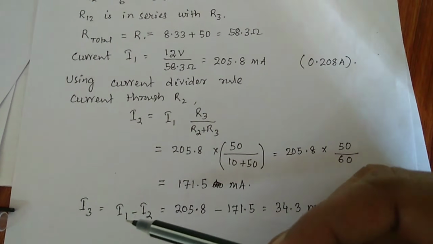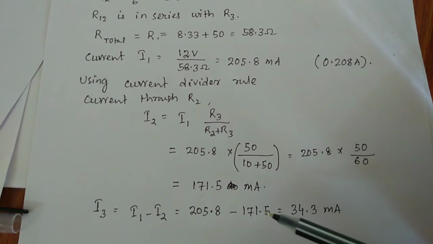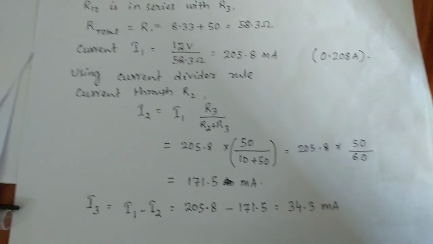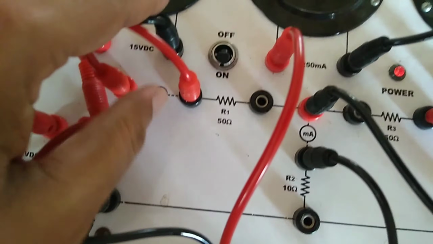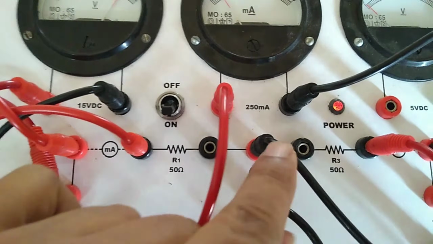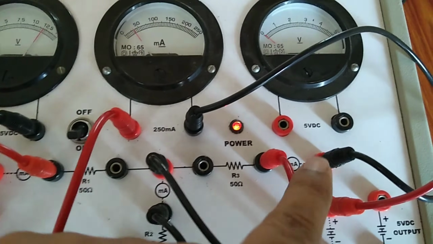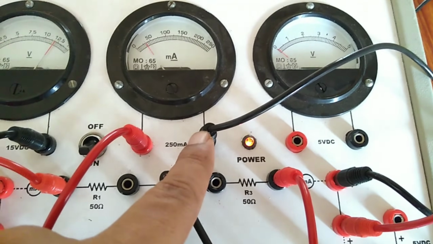You take the difference I1 minus I2, and this will be 34.3 milliampere. That will be the current passing through the resistance R3. For this you short circuit the current port I1 and the current port I2, and you connect the current port for I3 to the milliammeter.